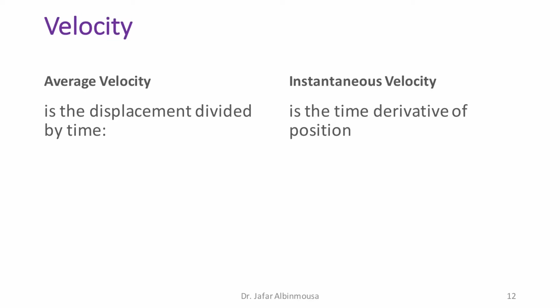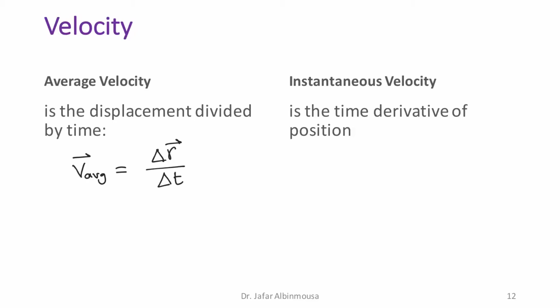Now, the average velocity is defined as the displacement divided by the time. So we write it like this: average v is equal to delta R divided by delta T. Now, we know that this is an average measure.